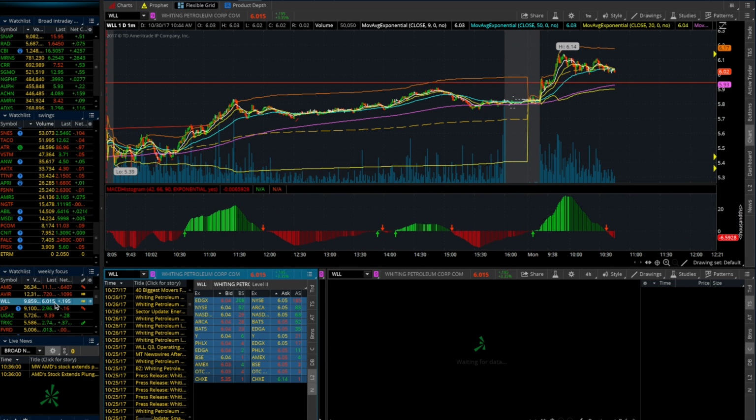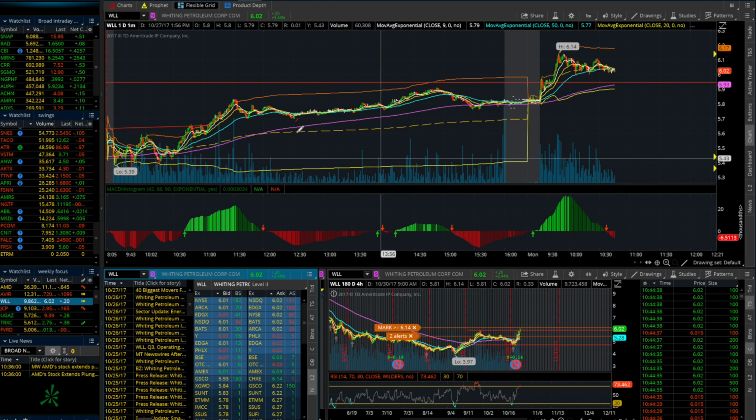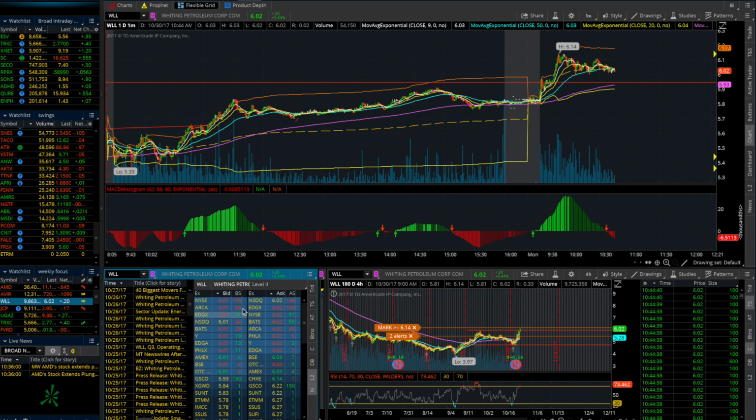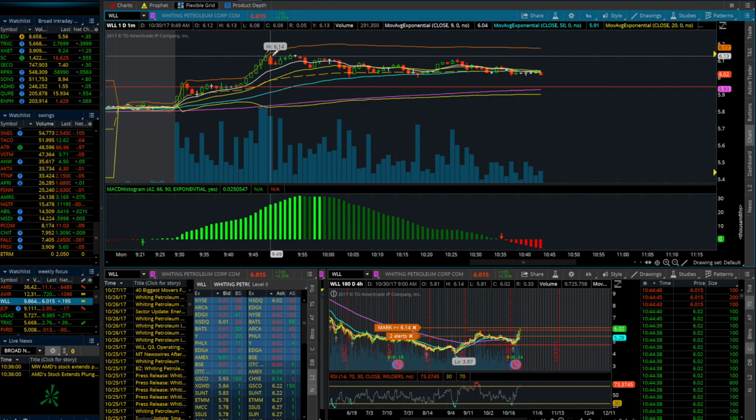Let me look at something. Yeah, so this has a bigger order size. As you can see, it's kind of equal on the buying and selling side. When you have stuff like that, it usually consolidates, like the way it's consolidating now.